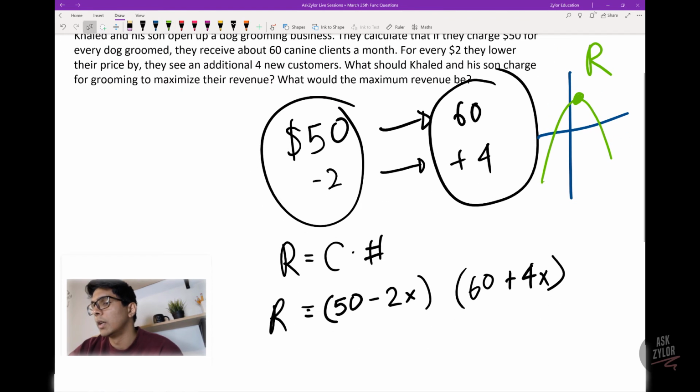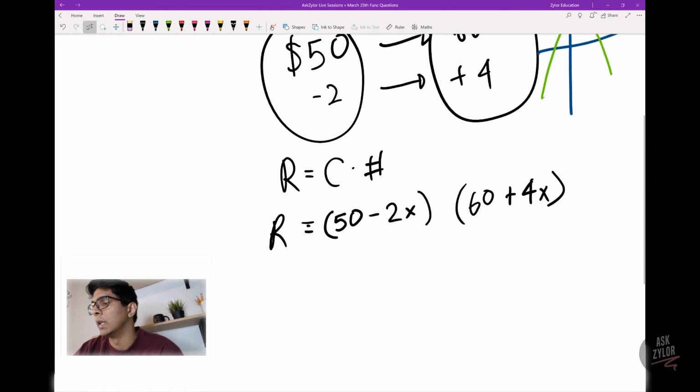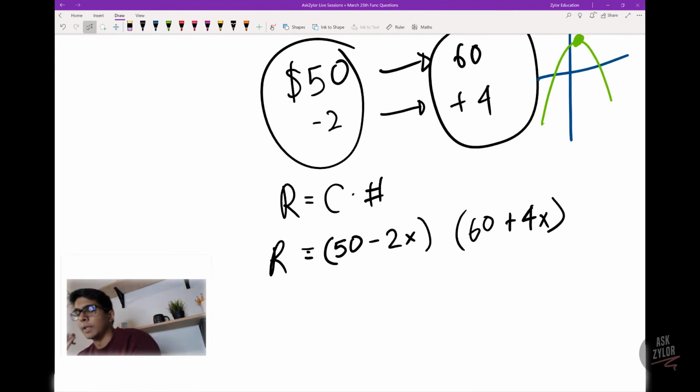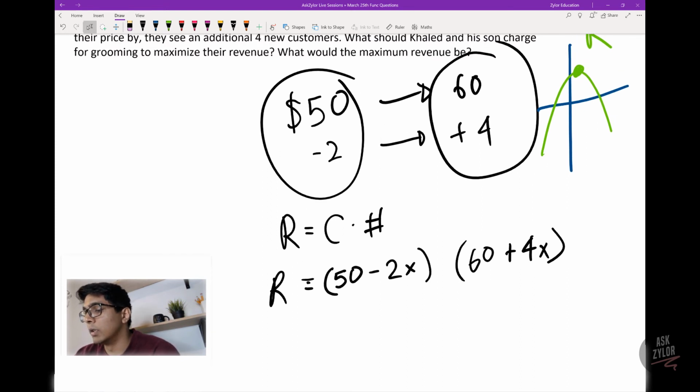So I'm going to go ahead and find the vertex. If it's already in factored form, I'm not going to complete the square, because I can use the factors or the zeros that I get from the factors to tell me what my vertex is. Because if I have 2 zeros, it's always going to be symmetrical.